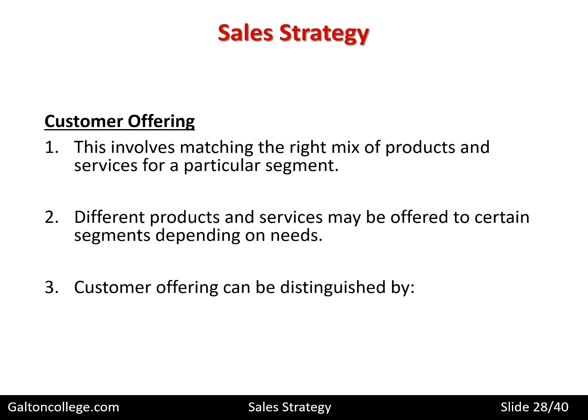Customer offering can be distinguished by the products and the services, as I said earlier. So what products and services should go to what group? What services and what systems should be used in delivering of services or indeed of products?